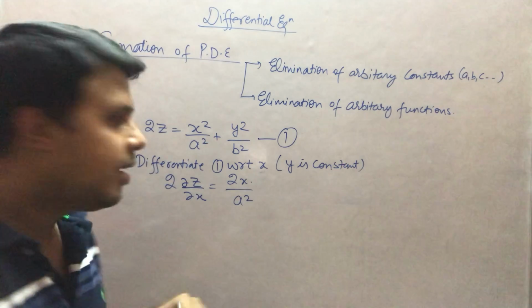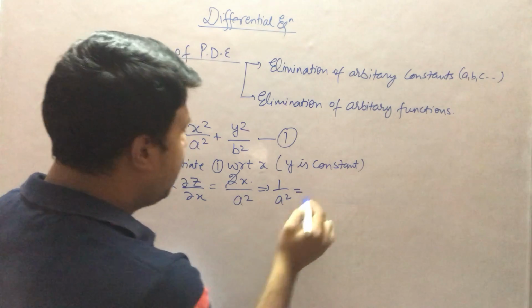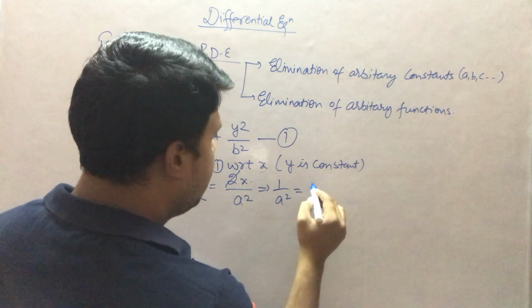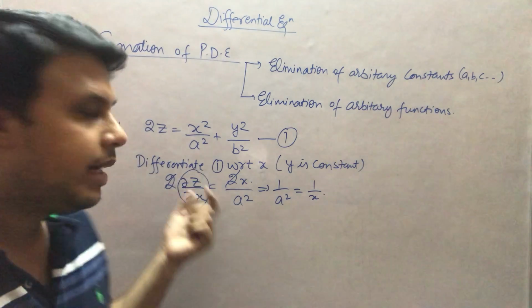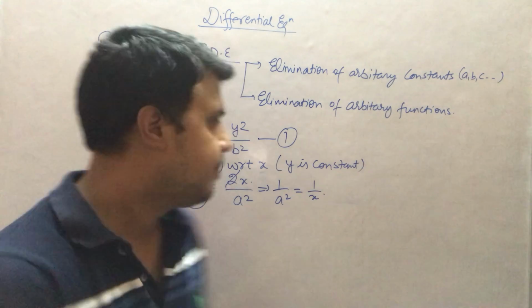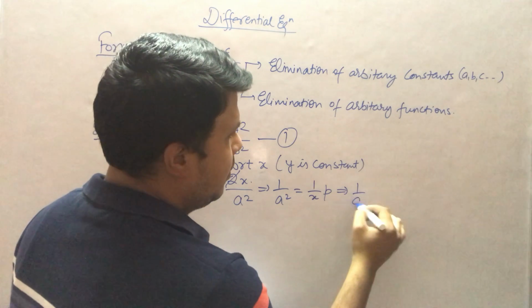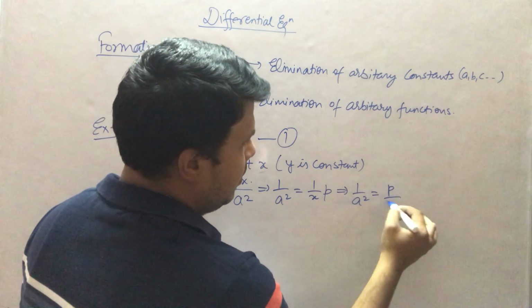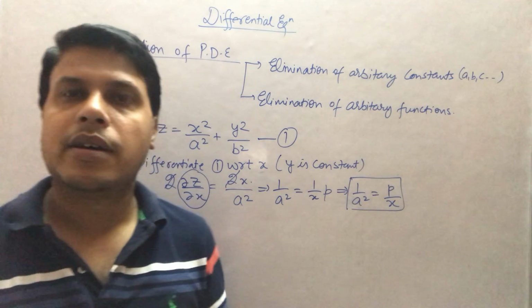So we got the result here, and we can say 1 upon a square will be 1 upon x into, as I told you, del z upon del x, which is p. So 1 upon a square will be p upon x.